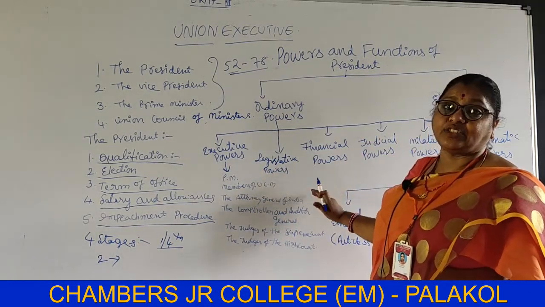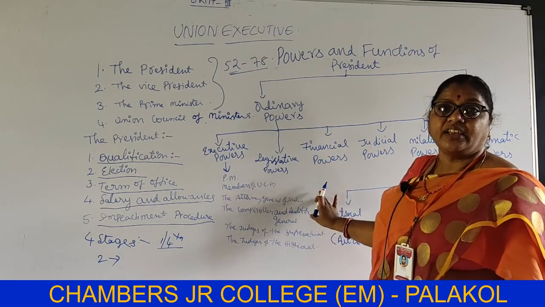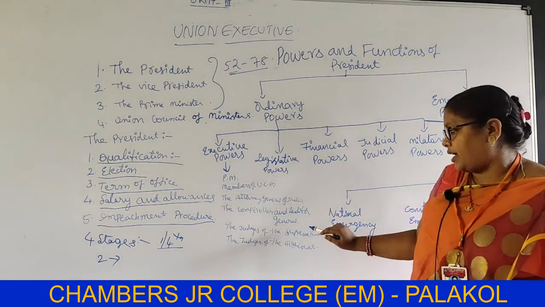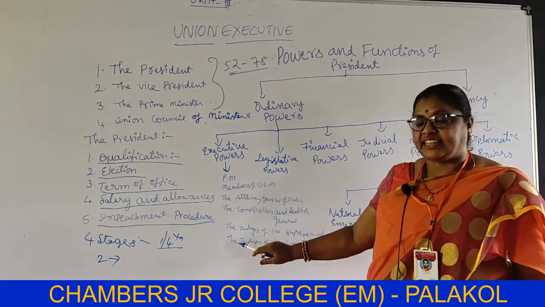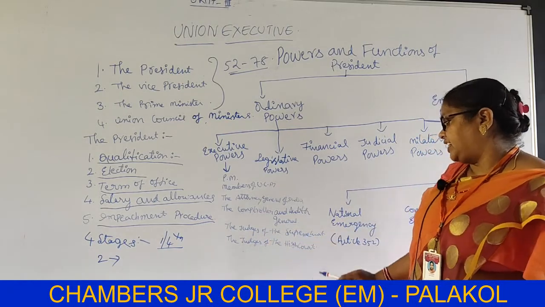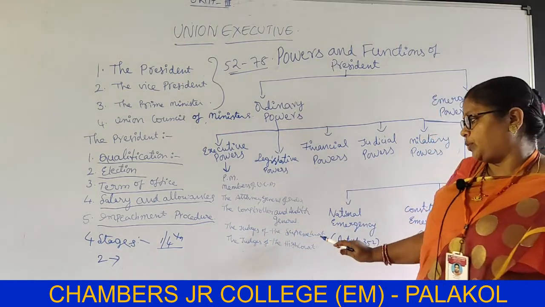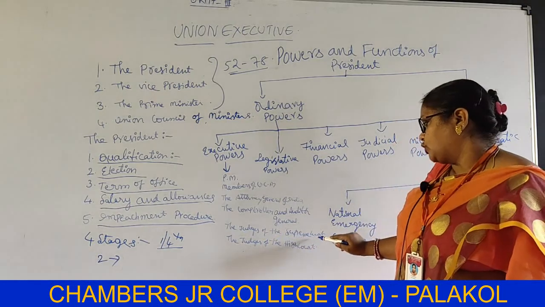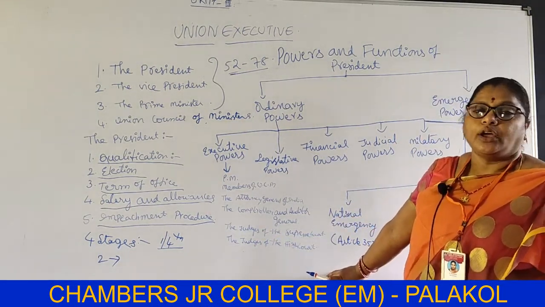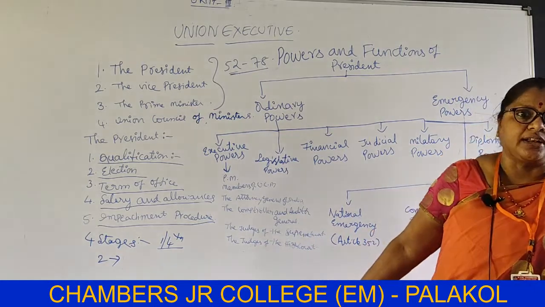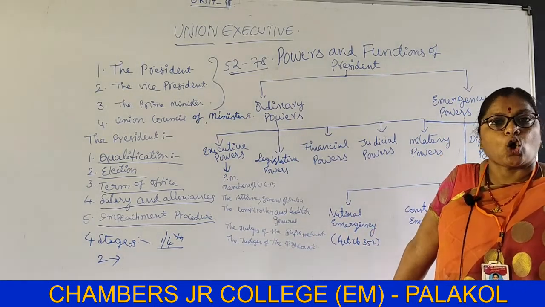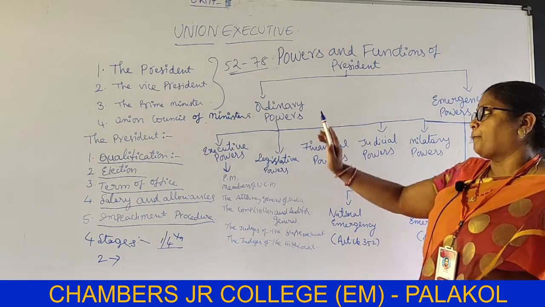The highest judicial power will be in his hands, and the Comptroller and Auditor General of India, and the judges of the Supreme Court and the judges of the High Court. Union Commission chairmen and members are also appointed by the President.